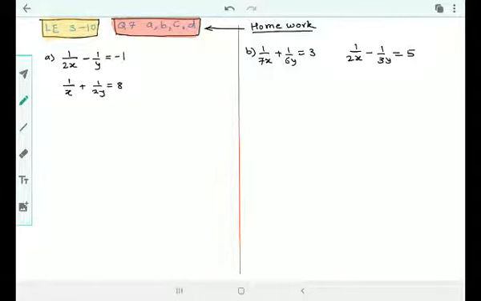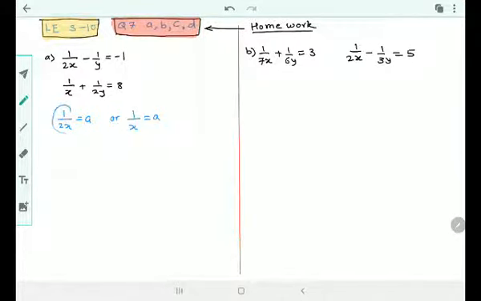Let's try. Now in question A, we can see 1 upon 2x, 1 upon y, 1 upon x, 1 upon 2y. Very clear, I have to substitute like in the previous question. But what shall I take? For example, do I have to take 1 upon 2x is equal to A, or 1 upon x is equal to A?